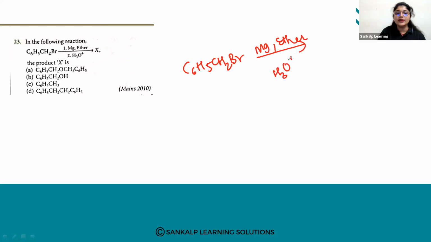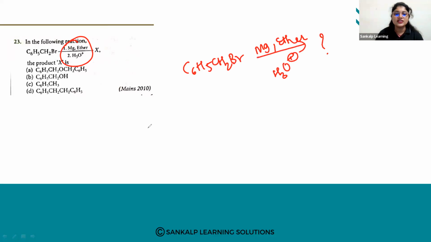The next question: in the following reaction, C6H5CH2Br giving you Mg, ether, then H3O plus, giving you what? Just see, this is a Grignard reaction. Last class or before that, somebody had asked me to explain Grignard reaction.